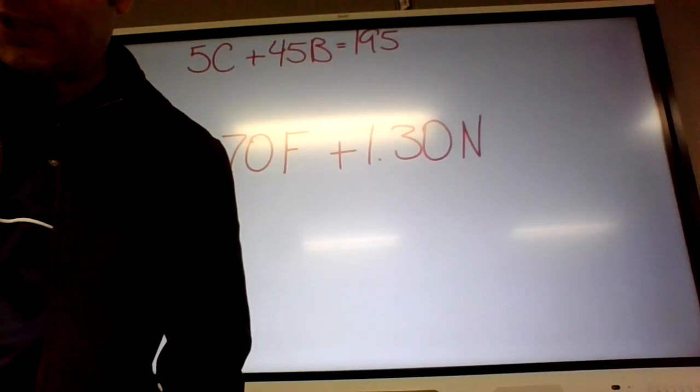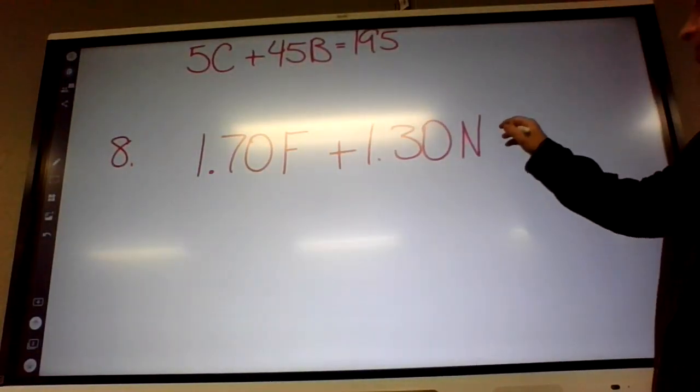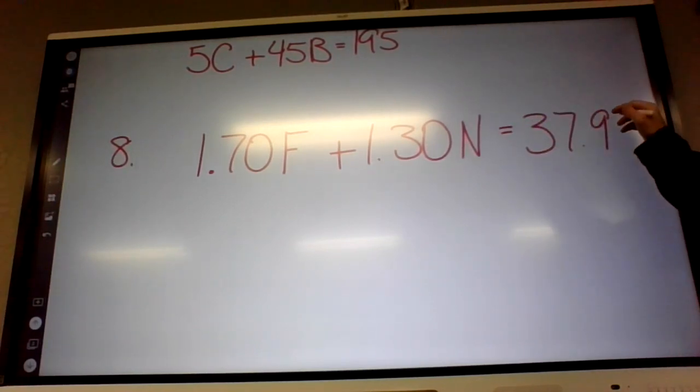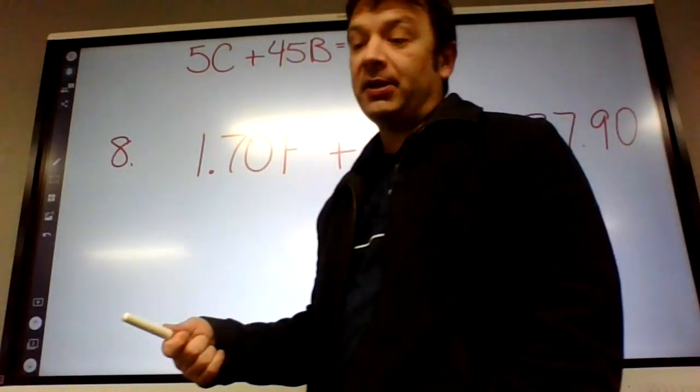It says how much did they spend in total? $37.90. They didn't make a ton of silverware. So in total, they should have spent $37.90 on supplies. And then the other one is how much money did they make?